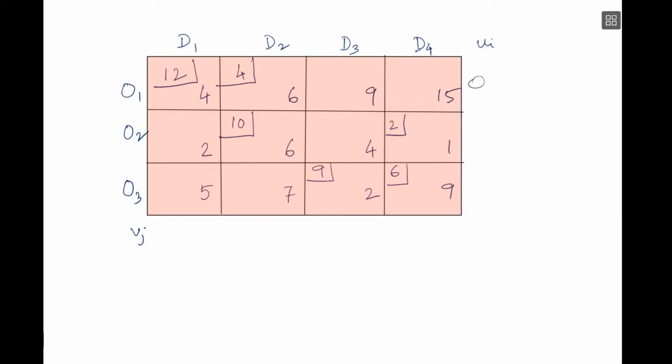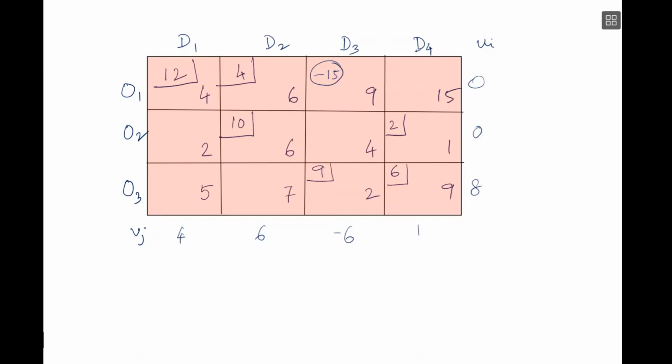As and when we choose U1 equal to 0, V1 becomes 4, V2 becomes 6, then U2 becomes 0, V3 becomes 1, then U3 becomes 8, and it will be then minus 6. V3 will be minus 6. So we will have the cell evaluations as minus 6 minus 9, it will be minus 15.